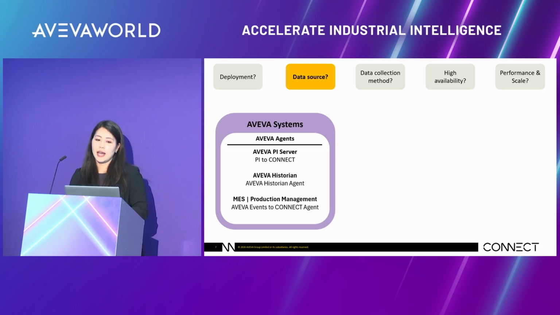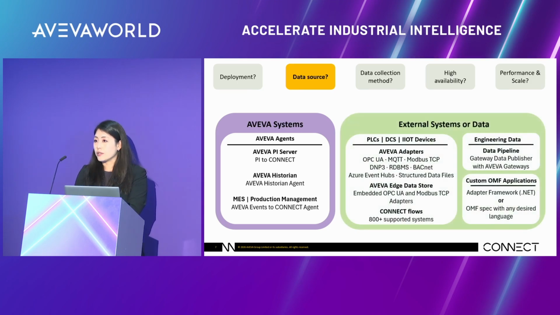So we currently have Pi2 Connect agent, AVEVA Historian agent, and AVEVA Events to Connect agent available for you to use today. Now, if you're interested in collecting data from other external systems, we have a lot more options for you. So you have a lot more decisions to make around it.